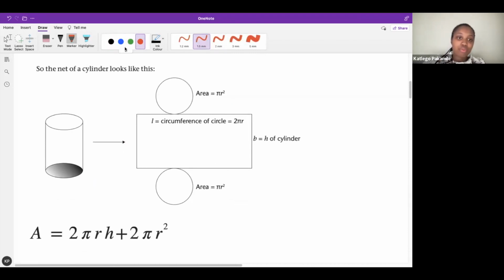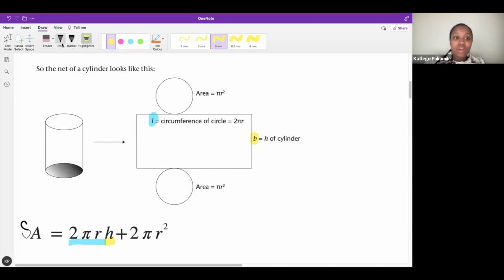Surface area, SA, equals 2 pi r times h, because 2 pi r h comes from length times breadth of a rectangle. The 2 pi r would be the length, and the breadth would be the height.